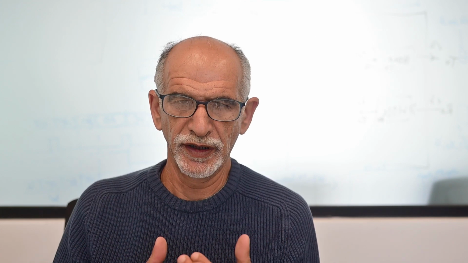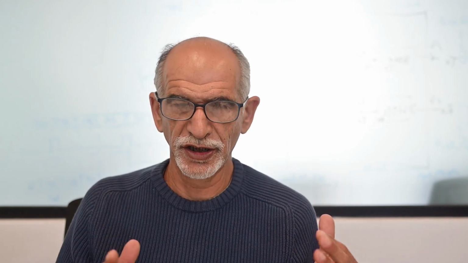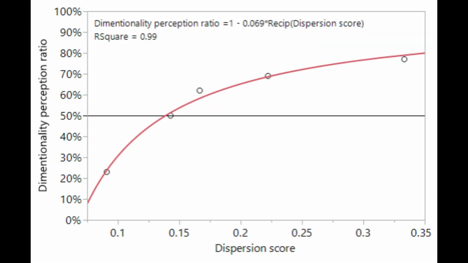Looking at the response curve of the ratio of the population perceiving this dimensionality effect, looking at the response curve of dimensionality perception versus the dispersion score, the difference between dispersion scores higher than about 0.17 is quite flat.